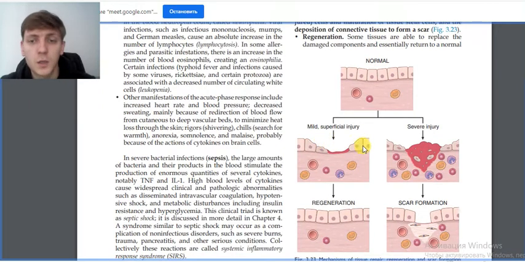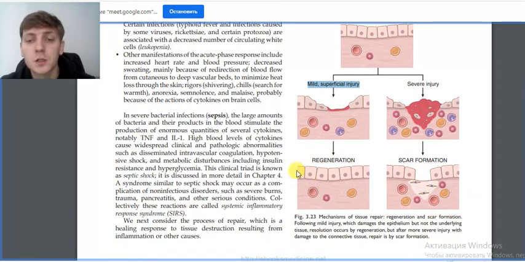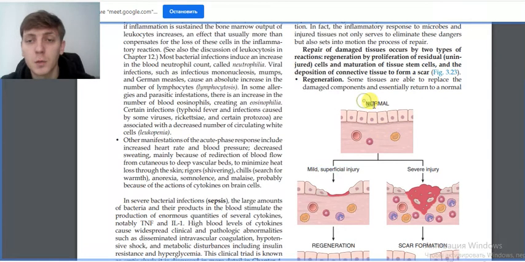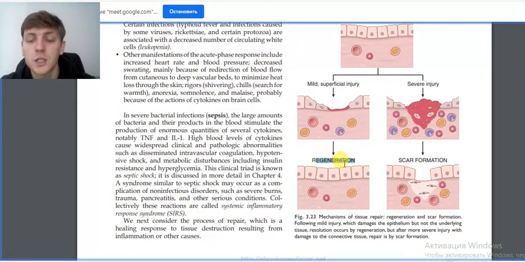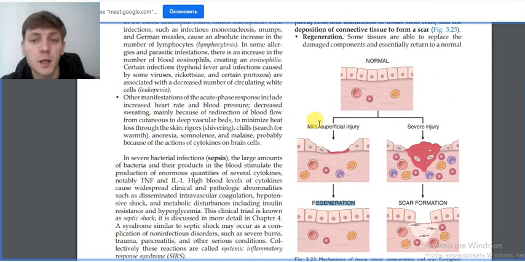When cells are dividing all the time, without interruptions, the cells are able to undergo mitotic division. And when superficial injury reaches only the fast dividing cells, they can regenerate. The stem cells nearby will reproduce them by mitosis, and you see the picture normal and the picture after regeneration, it's similar. No more changes happen after the mild superficial injury, and that's the best outcome.